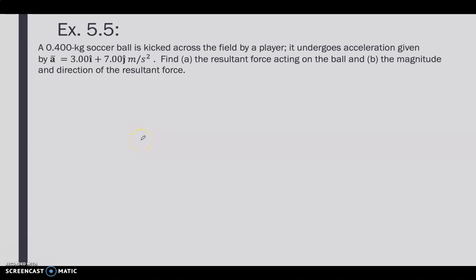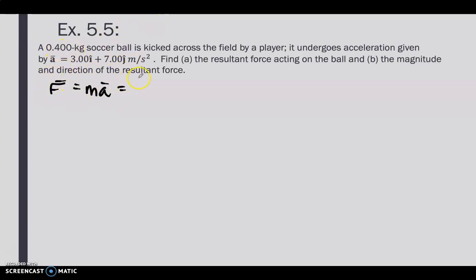We are going to go ahead and continue with our example 5.5. So we have an acceleration here and we want to know the resultant force acting on the ball that has some mass here. Remember that F equals mass times acceleration. So that's exactly what we need to do to find our force.